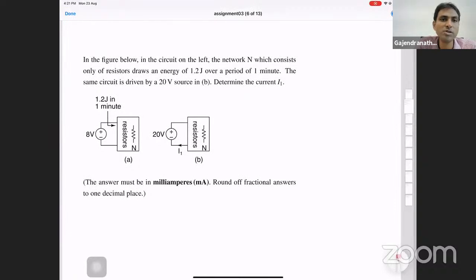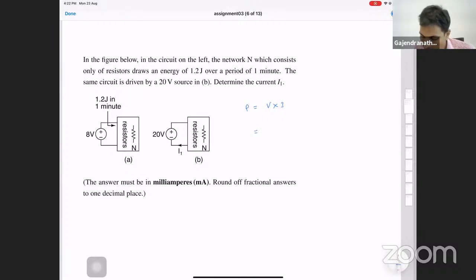Now let's try to solve this here. First, we have 1.2 joules in 1 minute and the source is 8 volts, correct? So now, you know power is defined as voltage times current.